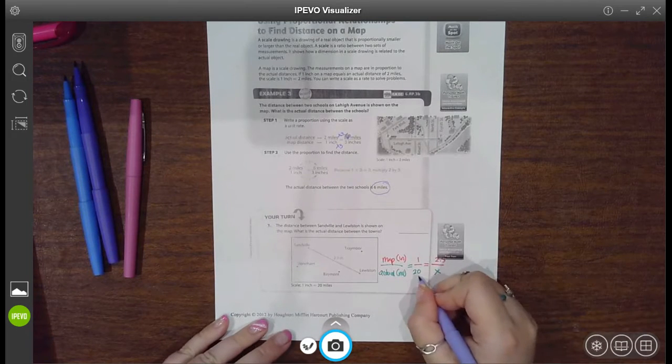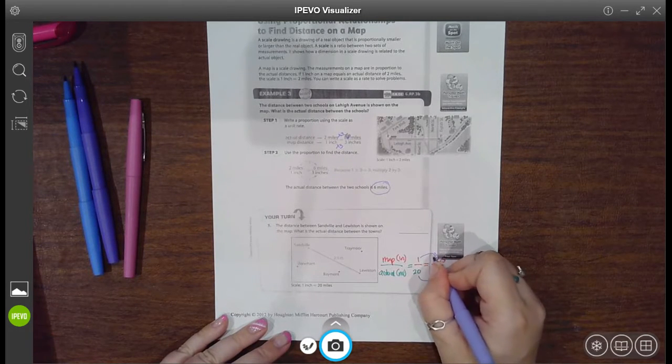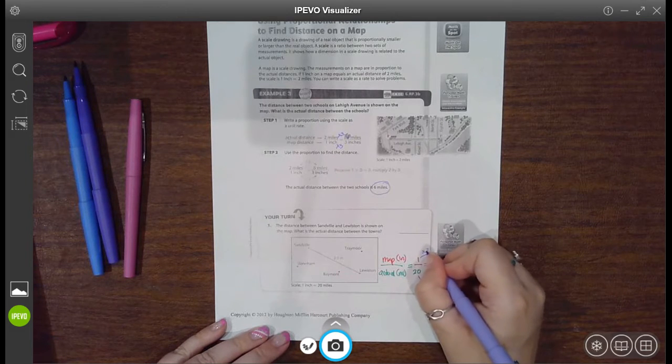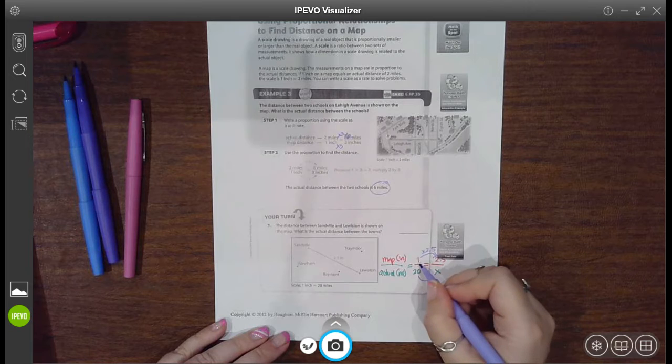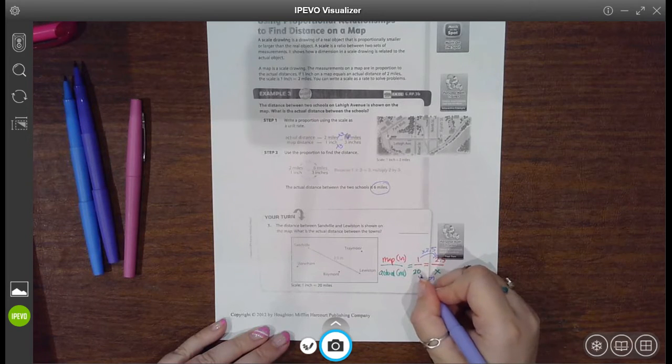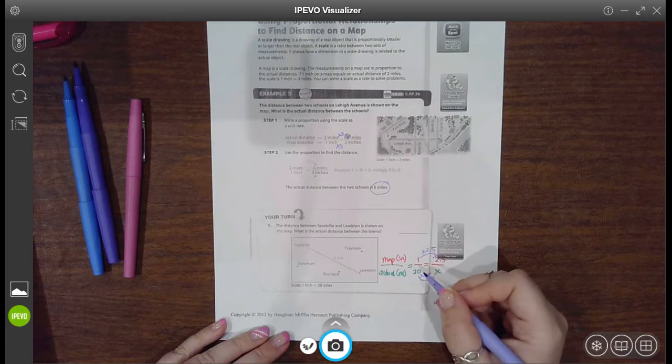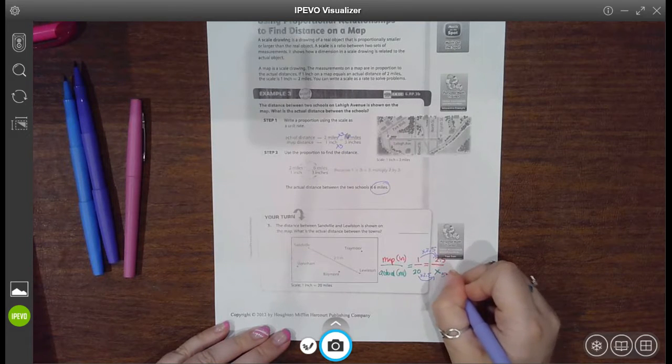We'll always go towards your unknown. So this one's nice and easy. 1 times what is 2.5? Well, 2.5. So since I multiplied this by 2.5, multiply this by 2.5. Type that into your calculator, and 20 times 2.5 is 50.